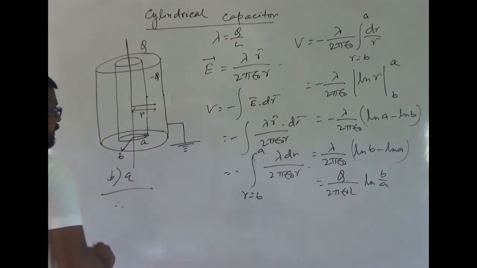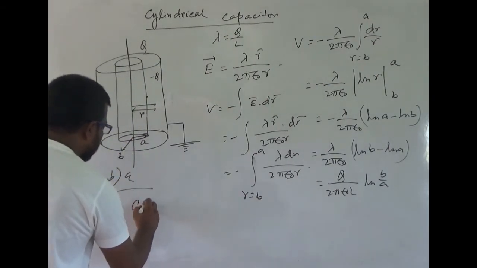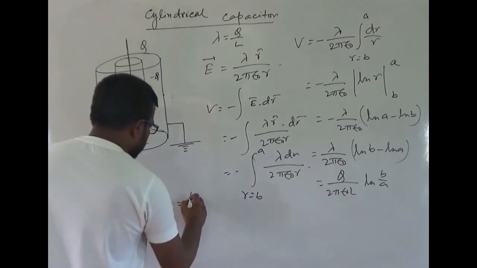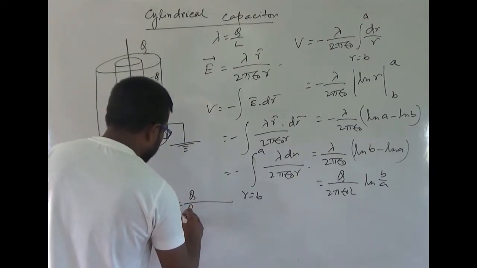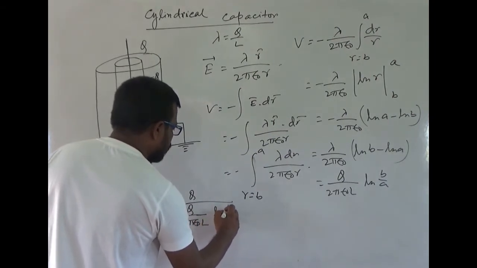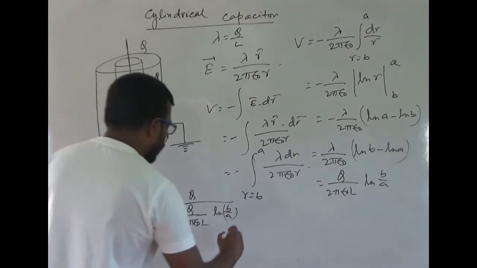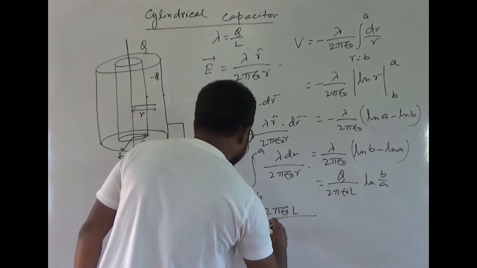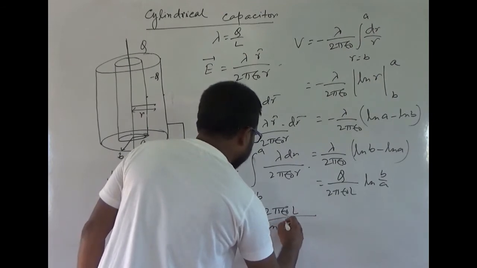The capacitance of the cylindrical capacitor is C equals Q by V, which is Q divided by Q over 2 pi epsilon naught L log b by a, or 2 pi epsilon naught L divided by log b by a.